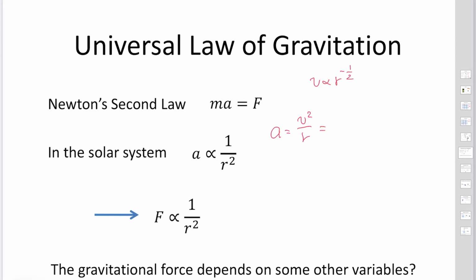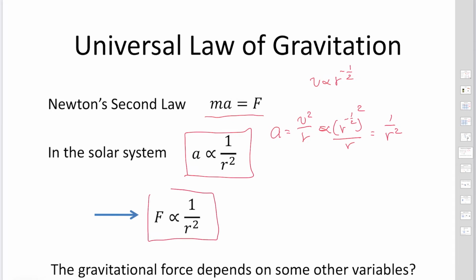So acceleration is proportional to R to the -1/2 squared over R. This is 1/R squared. So acceleration is proportional to 1/R squared. And then if we combine Newton's second law, ma equals F, we could derive F is proportional to 1/R squared.